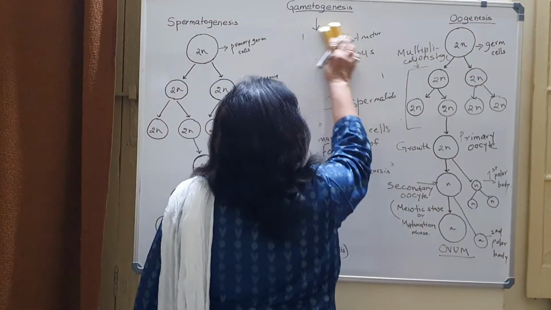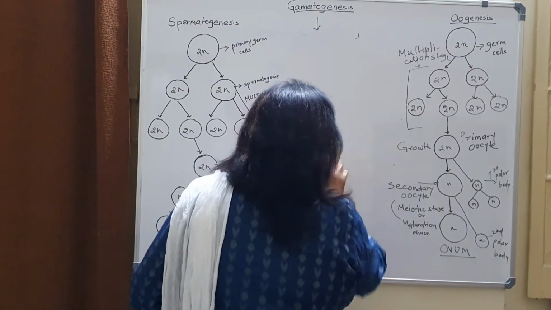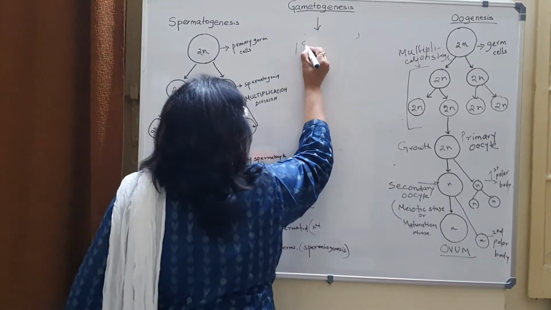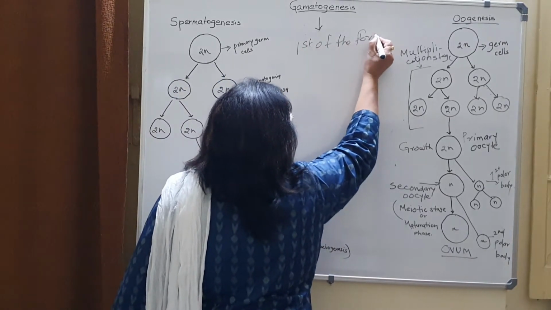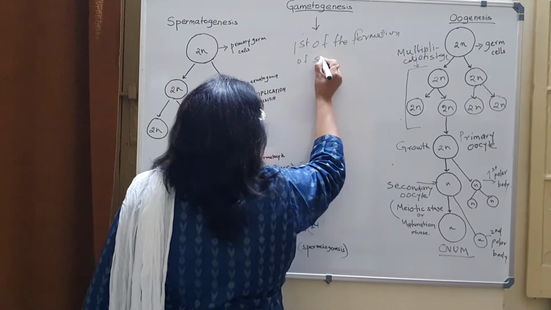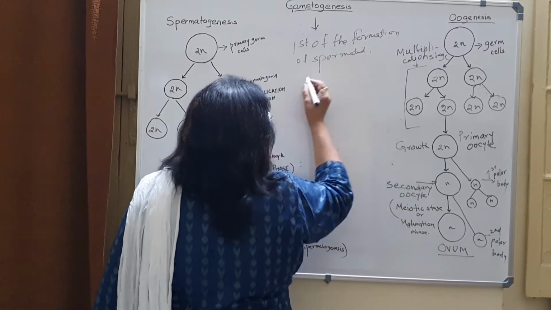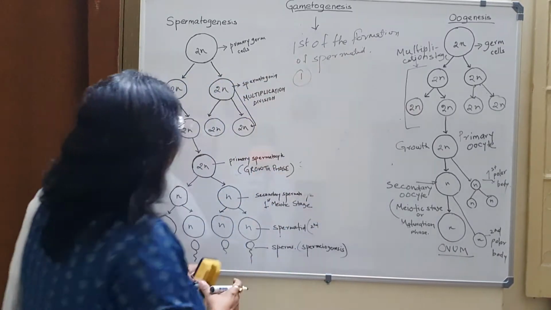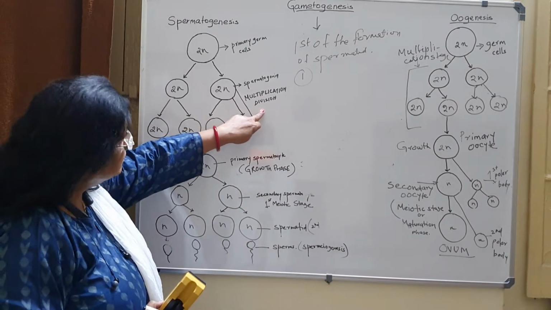So the first step of the formation of spermatid is known as the multiplication stage or the multiplication division.